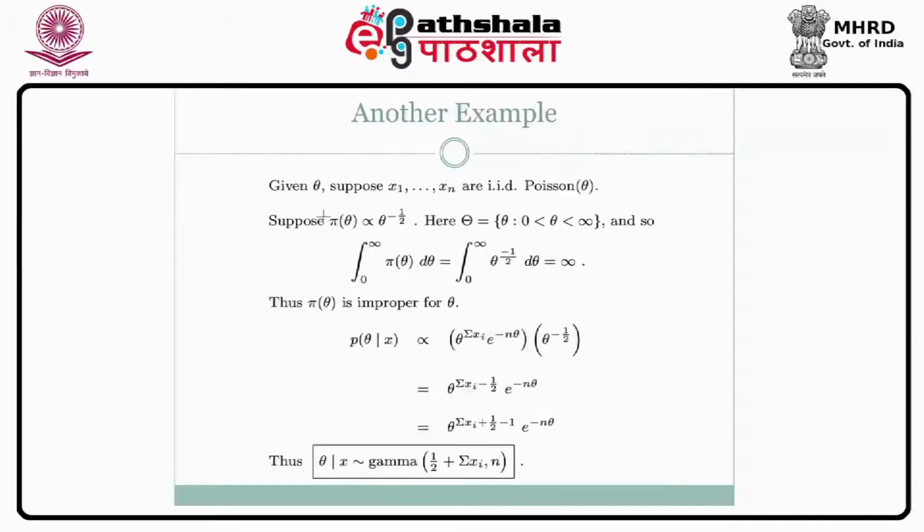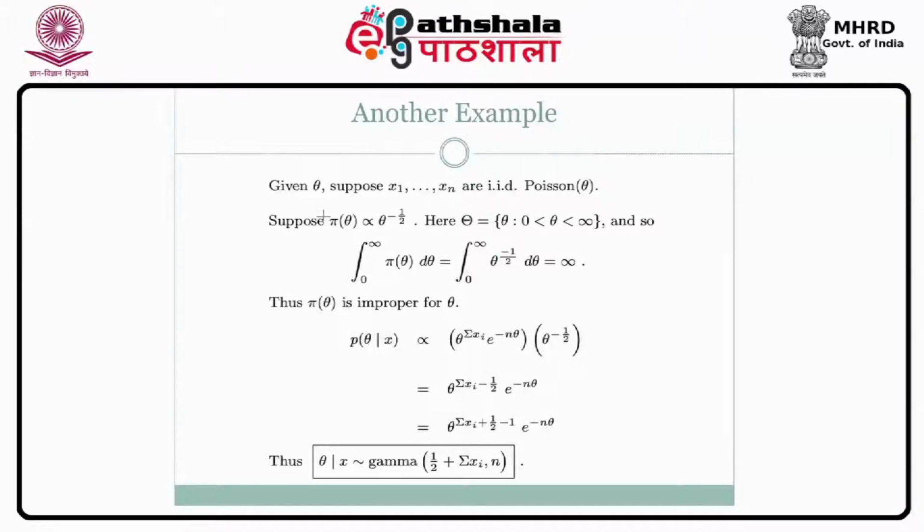Another example, say you have a Poisson distribution, and you take pi theta to be 1 over root theta. Again theta lies between 0 and infinity. This is the parametric space, and if you integrate pi theta d theta, it is infinity. So pi theta is an improper distribution. Despite that, you would see that pi theta given data comes out to be a standard gamma distribution. It's a very proper distribution.